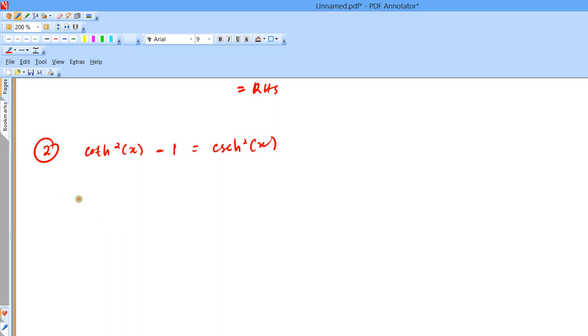Based on definition, hyperbolic cotangent square equal to e power of x plus e power of negative x divided by e power of x minus e power of negative x, and then we have square, minus 1.